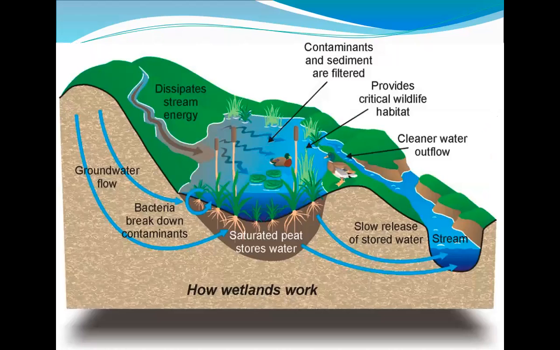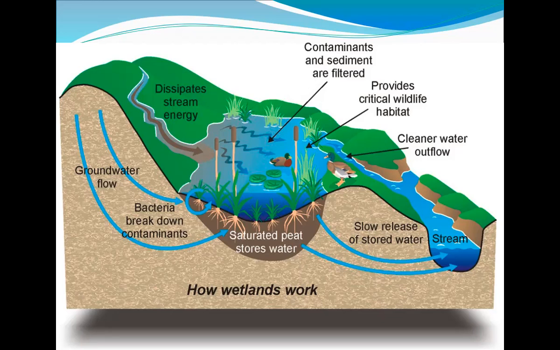So up here shows us a picture of how wetlands actually work. Okay, so we've seen a few diagrams similar to this throughout this unit, but you've got your groundwater flow. So the groundwater is always where? In the ground, right? Okay. You can see how it dissipates stream energy. So you've got flowing from the stream, okay?